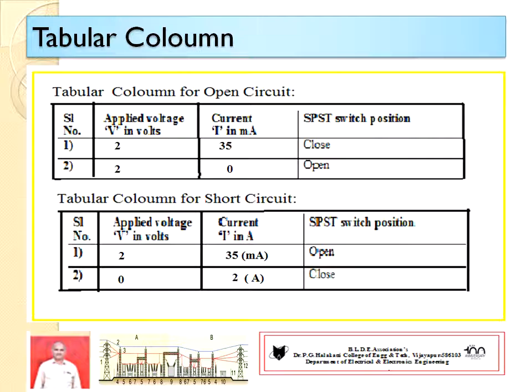So, next, for short circuit condition, again we are applying the same voltage 2 volts, current flowing through is 30 milliampere when the SPST switch is in open condition. When the SPST switch is closed, it creates an artificial short circuit fault. At that instant, it draws very high current, nearly 10 to 20 times more than the rated current of the equipment.